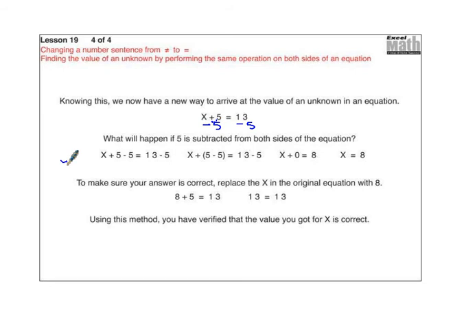I'm only left with the x, right? If I add 5 to x and then subtract 5 from x, I'm back at the x again. What if I subtract 5 from 13? What do I get? 8. So x is equal to 8, and the way I can figure that out is by subtracting 5 from both sides. All right, we're going to move on.